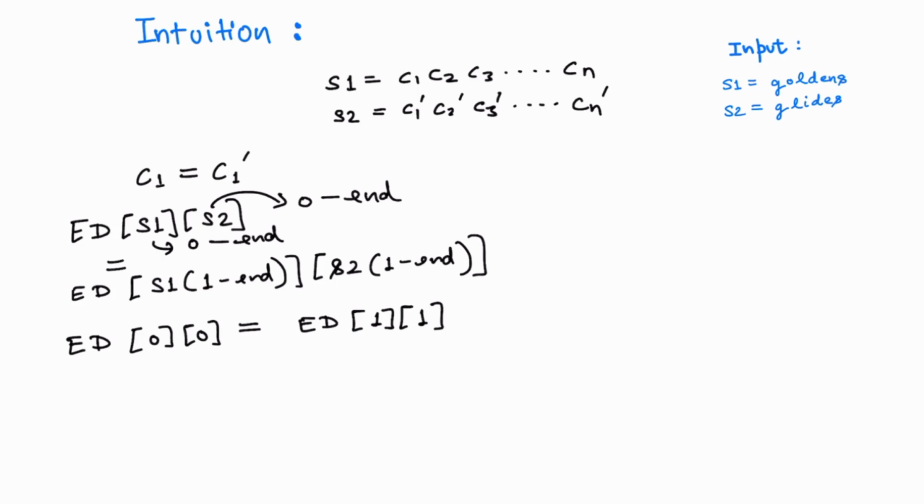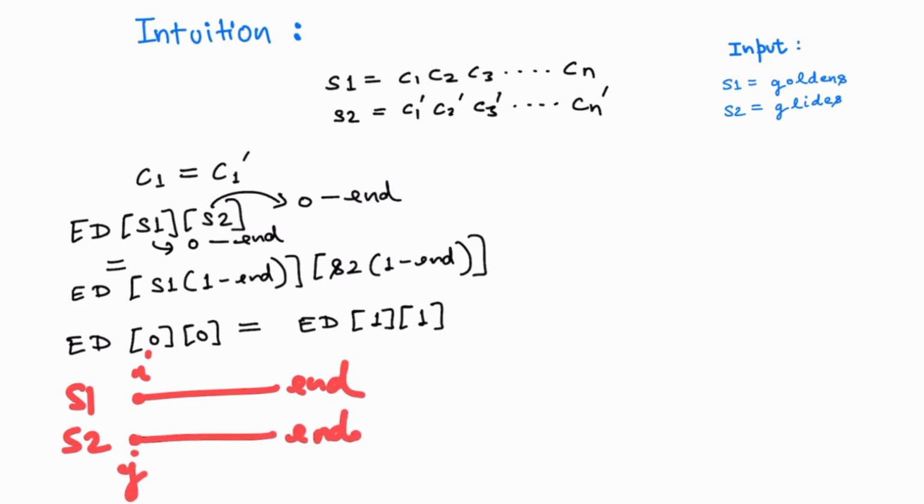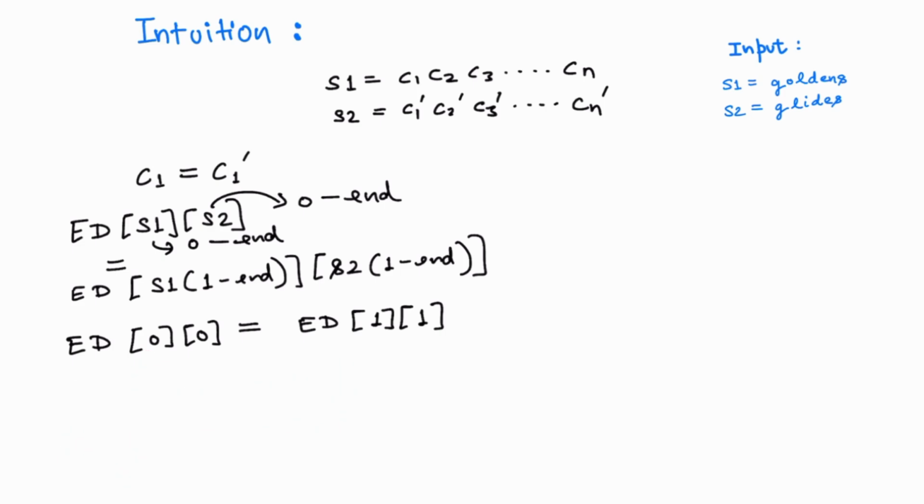In fact, if you generically think about it, let's say we want to find the edit distance for any string S1 that is going from I till the index end, and for any string S2 that is going from the index J till the end. For example, if this is I and this is J here.